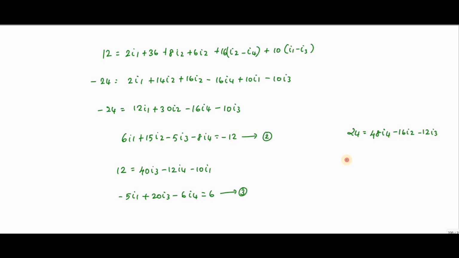So I can write it as minus I2 minus 6I3 plus 24I4 is equal to 12. Further I can reduce it as 4I2 plus 3I3 minus 12I4 is equal to minus 6. So this is your fourth equation.